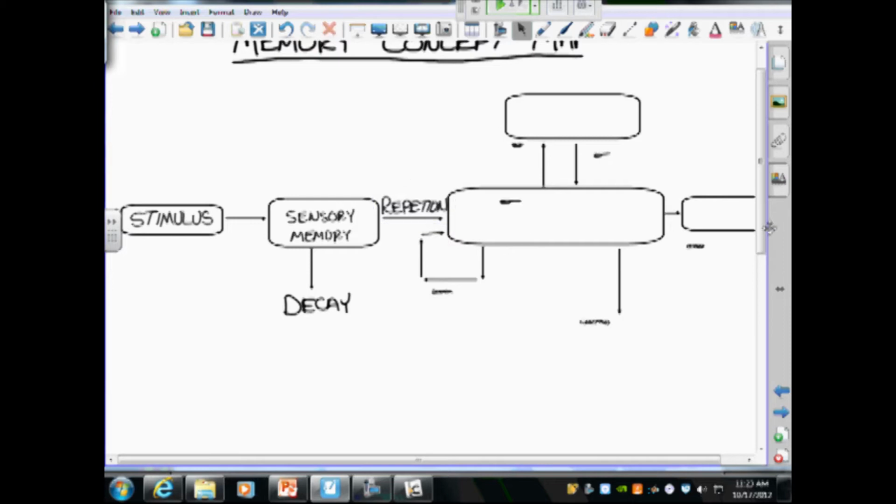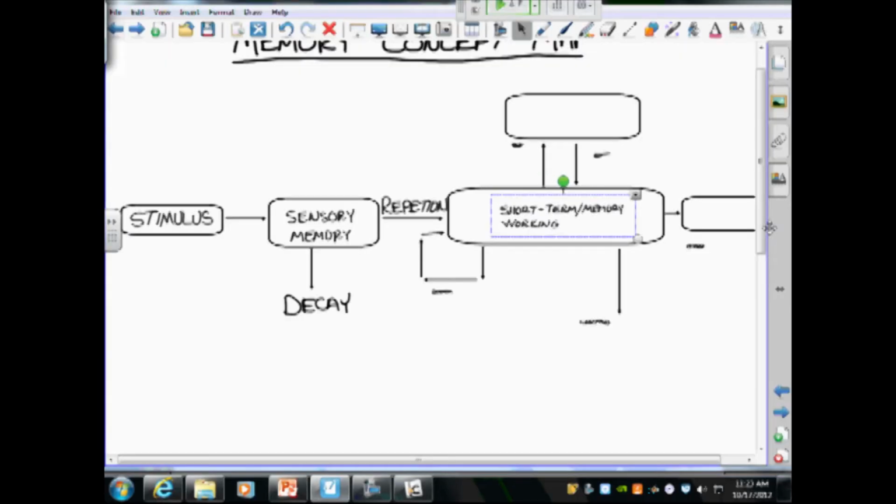And where do they go if they survive sensory memory? This was the last lecture. Working memory, short-term memory. What do we know about short-term memory and working memory? It's not an exact copy. Very good.